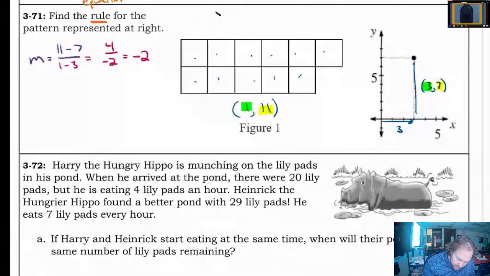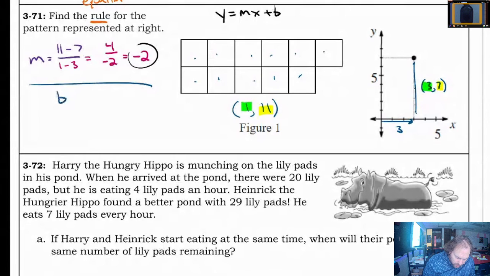Again, our equation is going to be in the form y equals m times x plus b. That's going to be the m in our equation. As far as b goes, I'm going to use that formula we haven't talked about in a while. It's y minus m times x. Another way to think about this is if figure 1 has 11 tiles and we're going down by 2 each time, then I know that figure 0 has to have 13 tiles because I'm going to go back up 1 space, but I'll use y minus mx anyway.